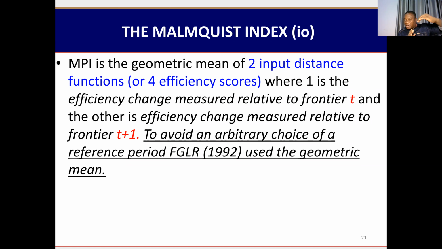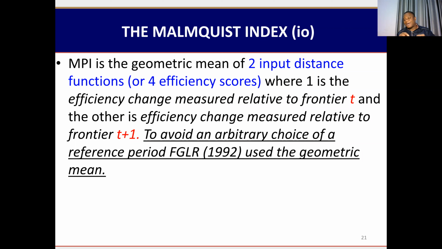But the first one are input distance functions representing the efficiency change measured relative to frontier T. That's the first one. It is something over something. Then the second part is the same efficiency change of the same firm measured in relation to frontier T+1. So you're multiplying these.